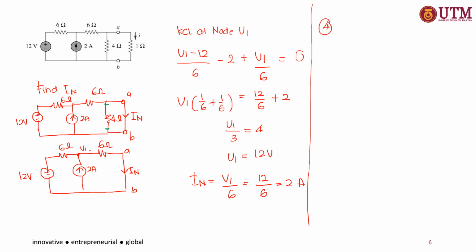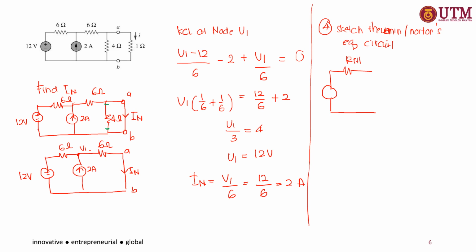Okay, so now you have your RTH, you have your IN, and you have your VTH. So for the fourth step, we want to sketch the Thevenin and Norton equivalent circuit. So this is the Thevenin equivalent circuit.